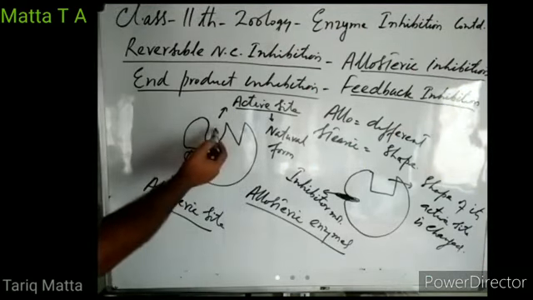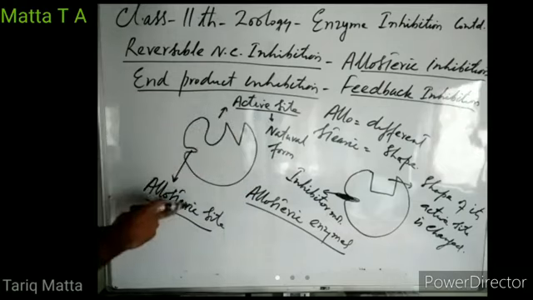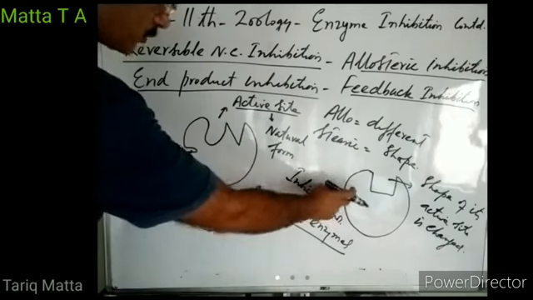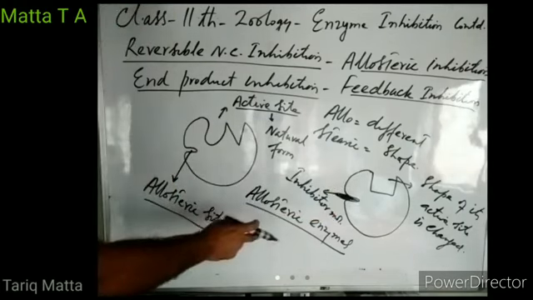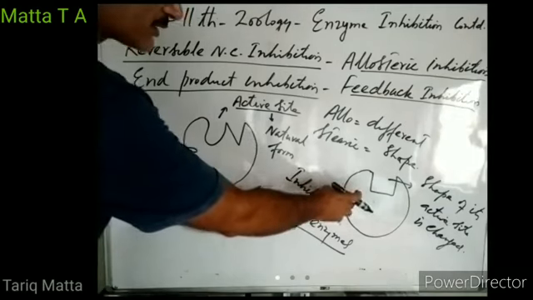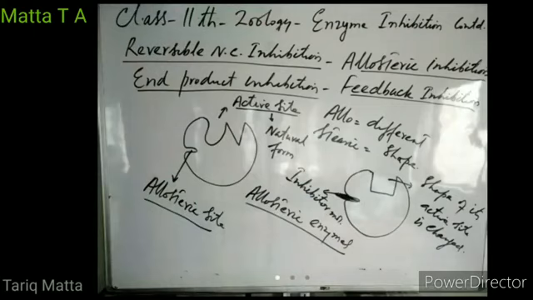In natural form, the shape of the active site was like this in the absence of the inhibitor molecule. Now, as the inhibitor molecule is bound to this allosteric site, this binding causes the active site to change its shape. And now the substrate cannot bind to this enzyme because of the change in the shape of its active site.